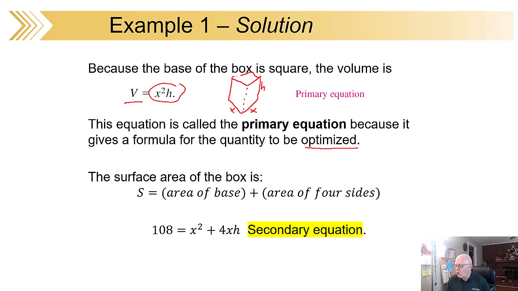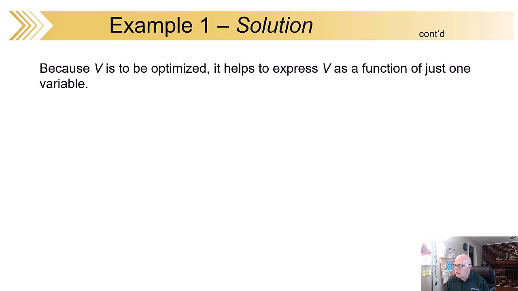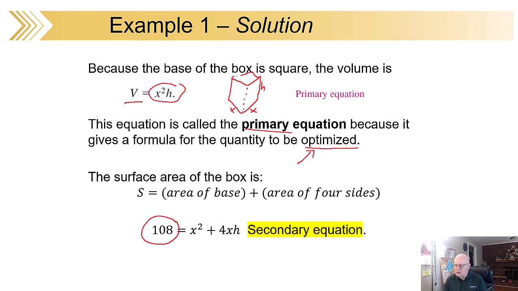This is not what we're optimizing, but instead we've already decided how much material we're going to use. Remember, the primary one includes the parameter that we want to optimize. So we'll express that as a function of just one variable. Now if you notice back over here, we've got x, h, and V. Down here you've got x and h.